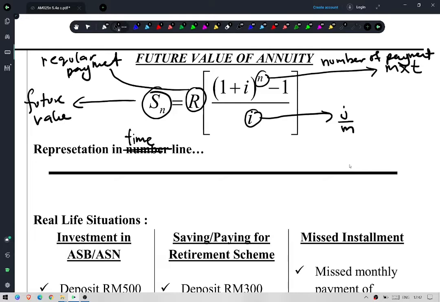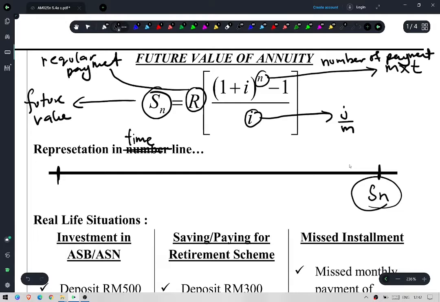If we are going to represent this on a timeline, future value of annuity means SN belongs at the end of the timeline. Then what is the amount at the start? At the start of the timeline, it is 0.